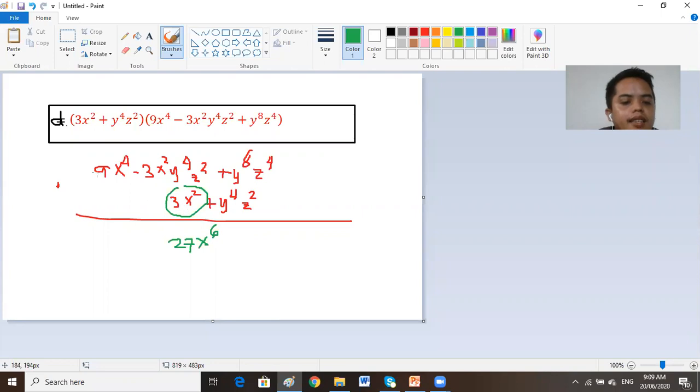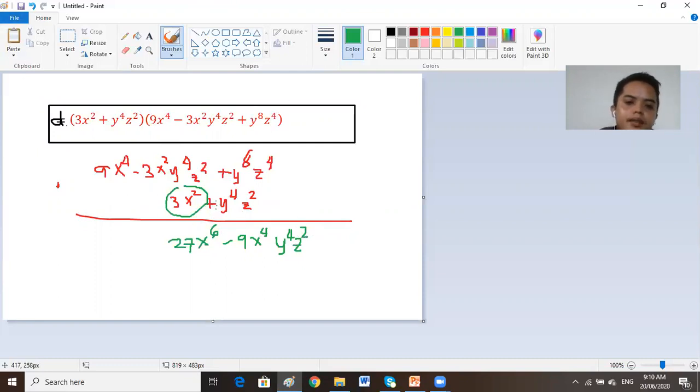So 9 times 3x squared is 27x^6. And then negative 3x squared y^4 times 3x squared. So that is minus 9x^4 y^4 z squared.